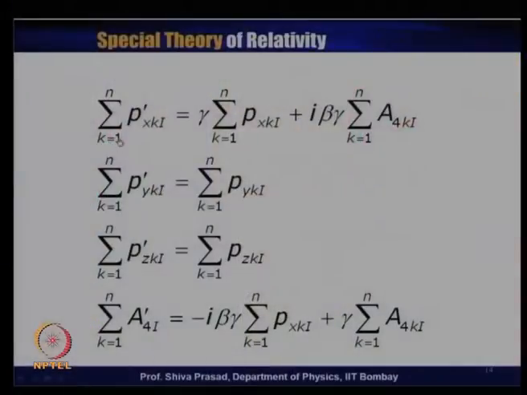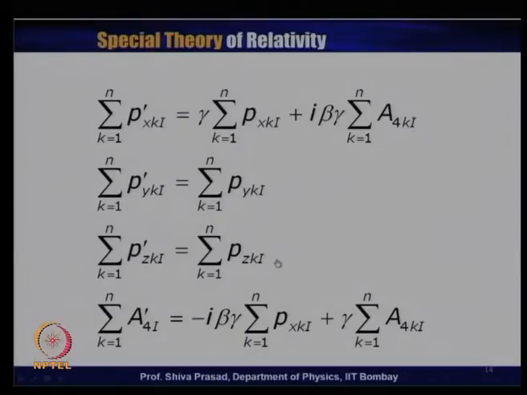So, the sum of the x component of the momentum of all the particles in the S prime frame of reference would be given by this particular expression: summation of k from 1 to n of p prime xki, prime because this is the S prime frame of reference, should be equal to gamma times whatever was the value of this corresponding quantity in the S frame of reference, plus i beta gamma times the summation of k equal to 1 to n of A4 ki, whatever this A4 be.